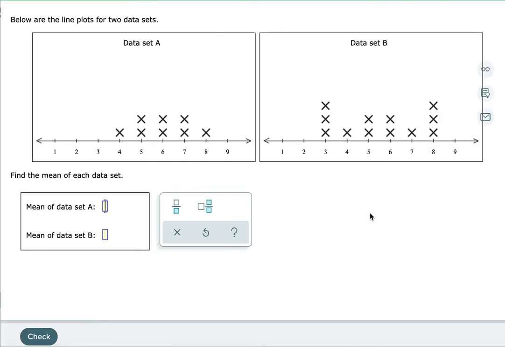Let's do another one real quick. Same concept. This one right here, you've got 1, 2, 3, 4, 5. So it's kind of like finding the median. You find the middle of it, and the middle is going to go right down the middle of this one right here. So my mean for data set A is going to be 6.